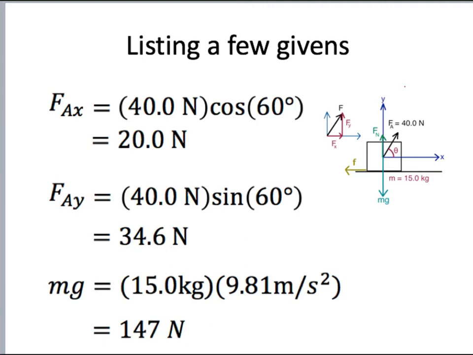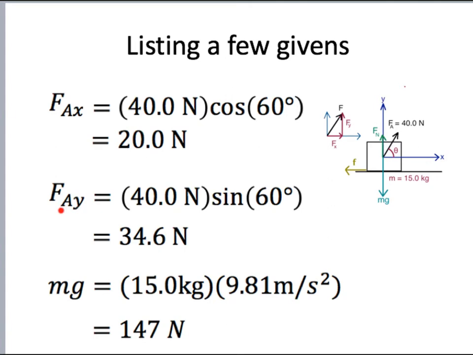Now, I want to consider this force in the x direction, and really I should label this as FAX, not just FX. But FAX over here, that's going to be 40 newtons, that's the magnitude of the total force, times the cosine of the angle, because this is the adjacent side to the angle, so that goes with cosine, and that works out to be 20 newtons.